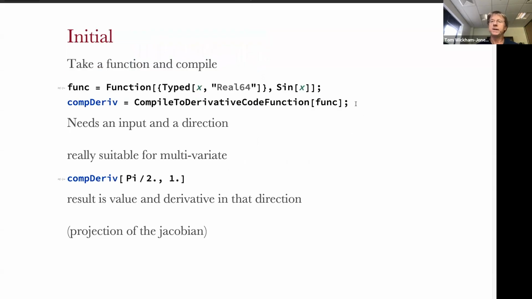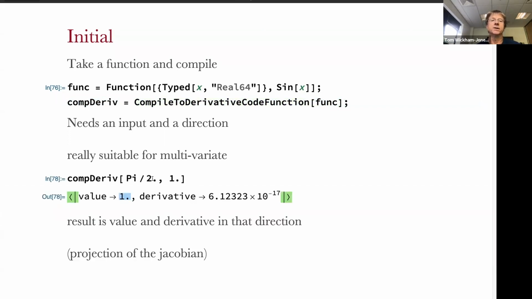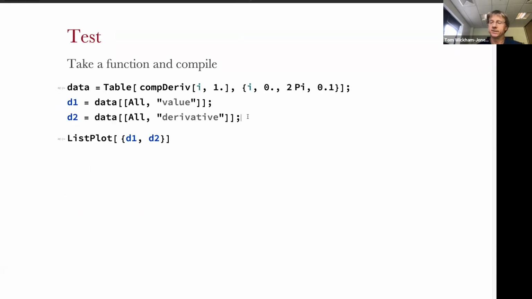So here we take a function, compile it into this sort of intermediate form, then it does transformations on it and generates a new function that will return the value of the function and the derivative. And it's a projection of the Jacobian. It's really more suited to very large multivariate systems where you've got thousands of input variables rather than just one. But I did this just with one because it's slightly easier to see what's happening.